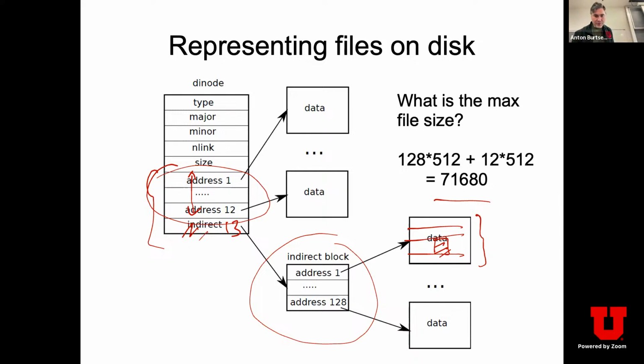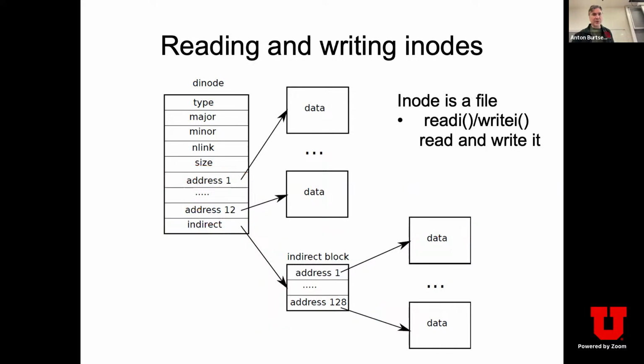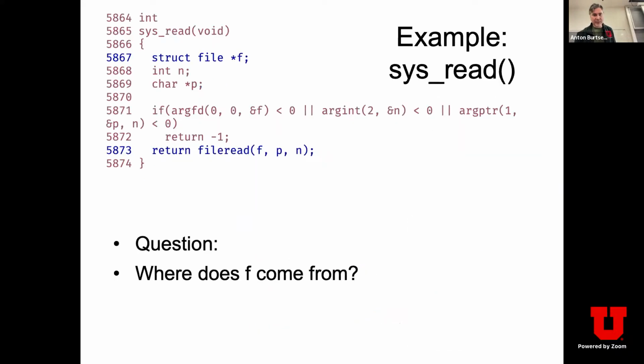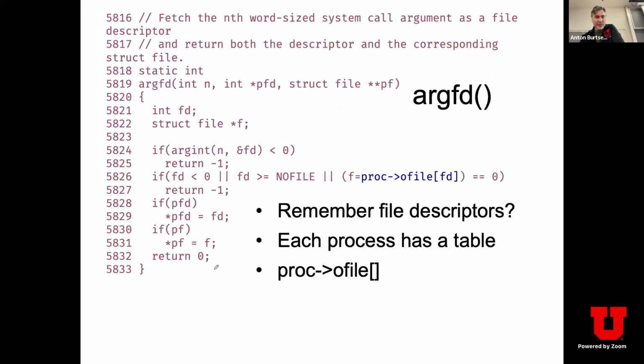So, okay, cool. When we are reading or writing an inode, when we execute this sysread system call, remember, we execute a function called file read, and it gets this pointer to the file data structure, right? I just wanted to make sure that we understand where it comes from.